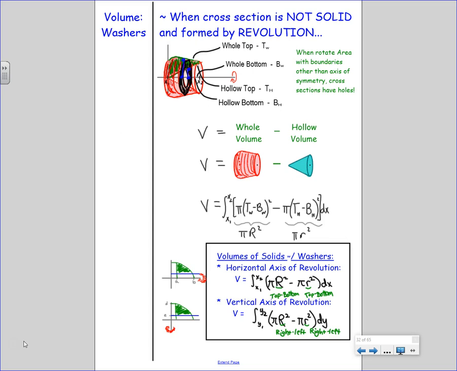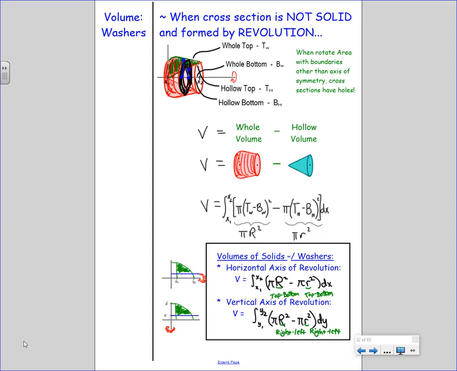Because I'm just saying, hey, in order to make this figure, if you're going to put this on a lathe or something, you need the entire piece of wood or material. Then you need to hollow out, but we need the whole thing first. So from the axis to the outer edge, remember, that is the whole radius. And then for the hollow radius, I need the edge of the hollow to the axis of revolution again.